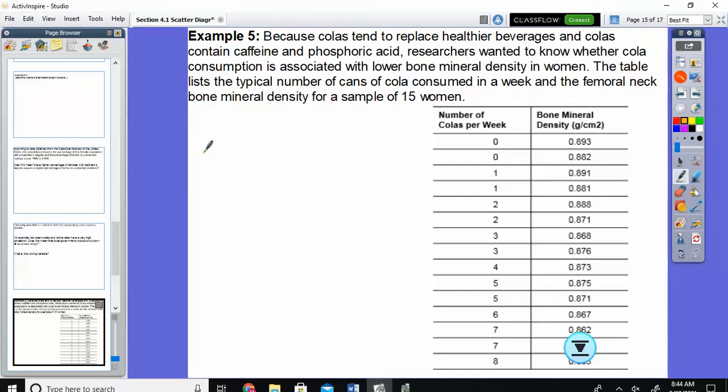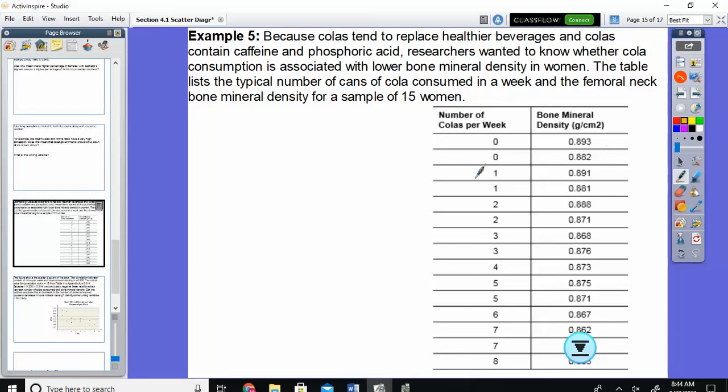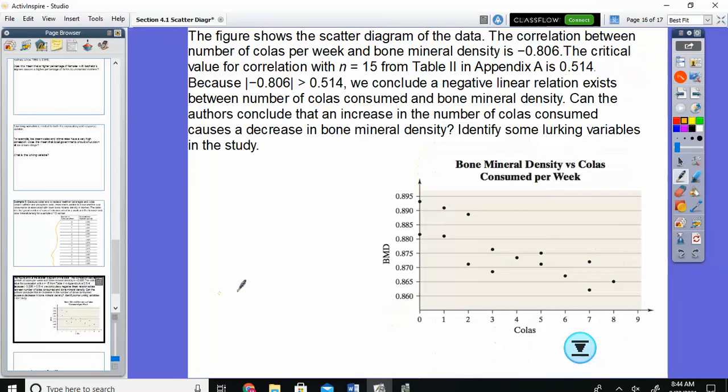All right, we are almost out of time, so we're going to kind of breeze through this one. I just showed a table. This tells you the number of sodas drunk per week and bone density. And I went ahead and gave you what the scatter plot looks like.